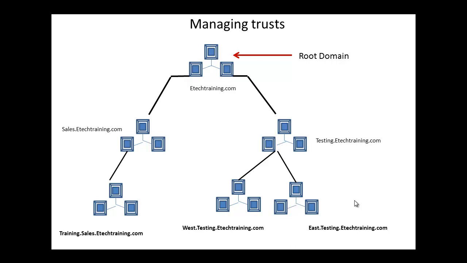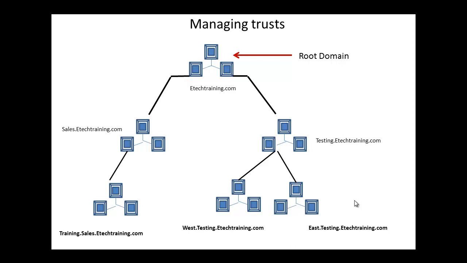Trusts can be configured as either one-way or two-way relationship. The default operation is to create a two-way trust, or what we call bidirectional trust, because this makes it easier to manage trust relationships by reducing the trust that you must create.